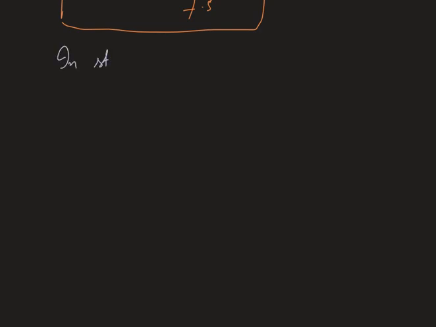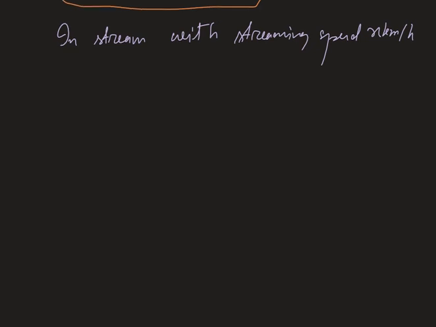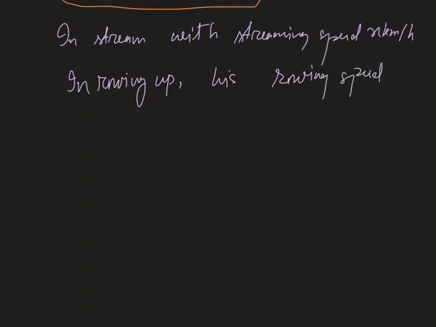Now in stream with streaming speed x kilometer per hour, in rowing up his rowing speed decreases by x kilometer per hour, so it results in 7.5 plus x kilometer per hour.